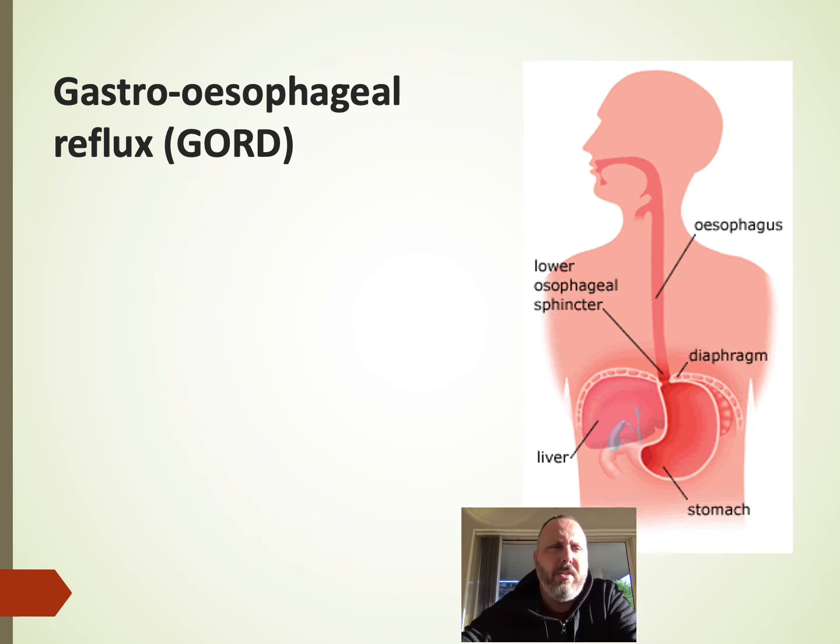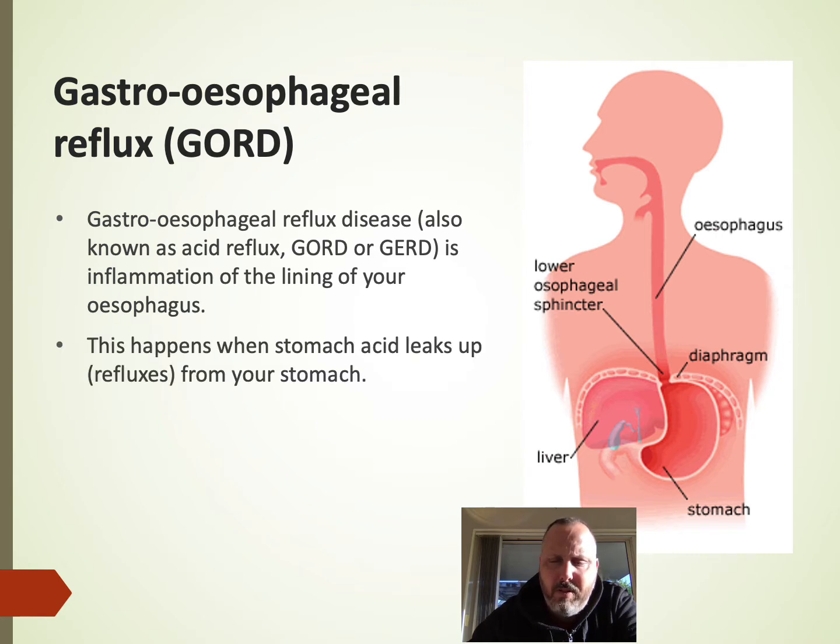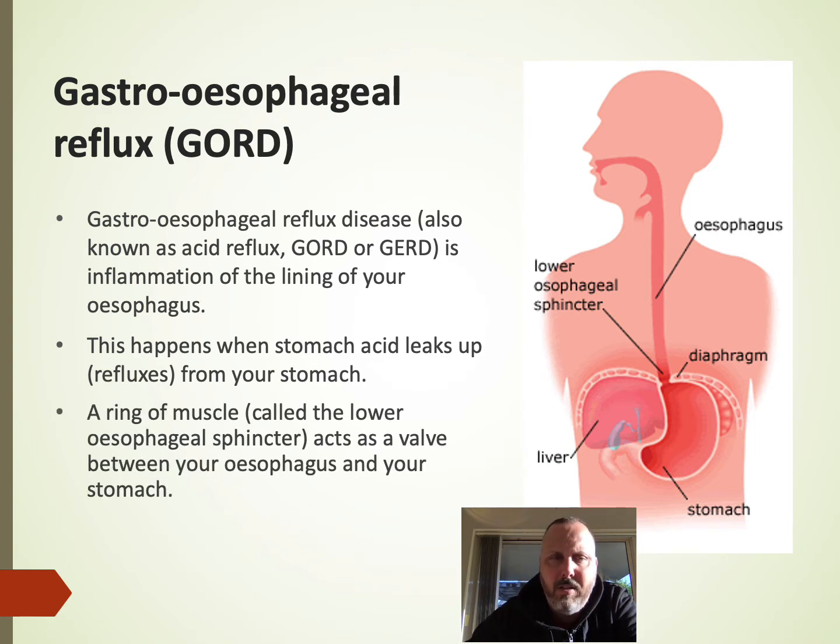Okay, so gastroesophageal reflux, essentially known as acid reflux, also known as GORD or GERD, G-E-R-D, is inflammation of the lining of your esophagus. What happens is that stomach acid leaks up, or refluxes, from your stomach into the esophagus.